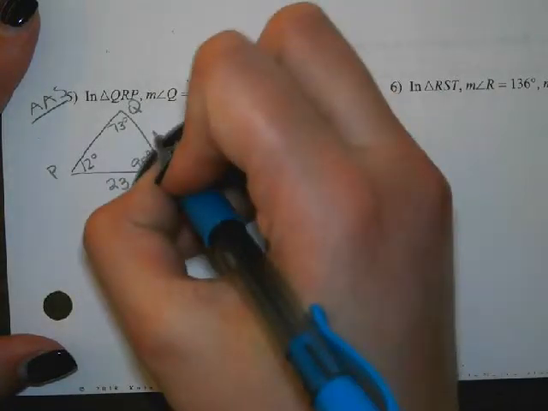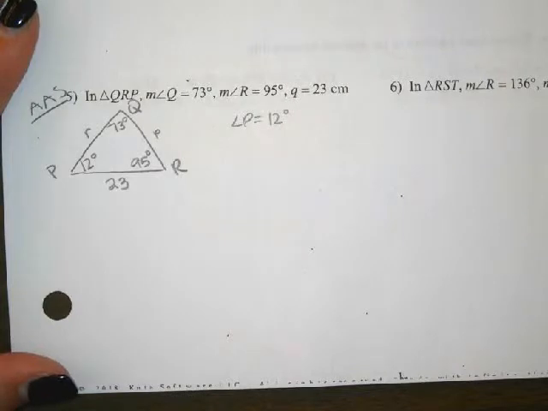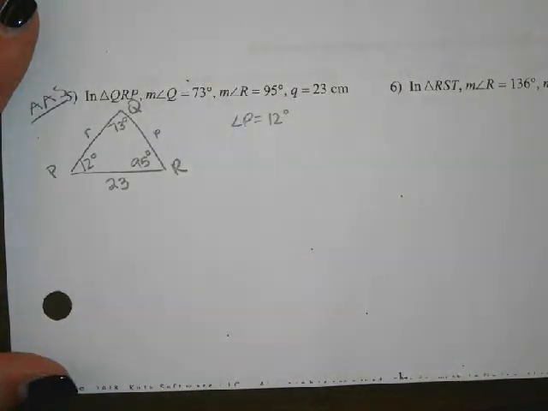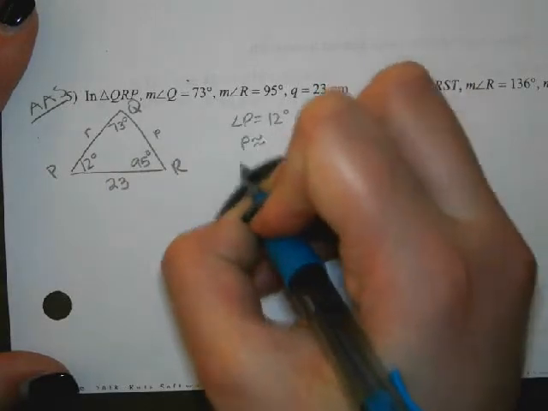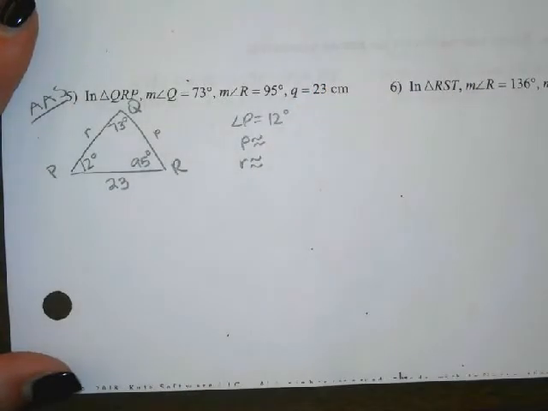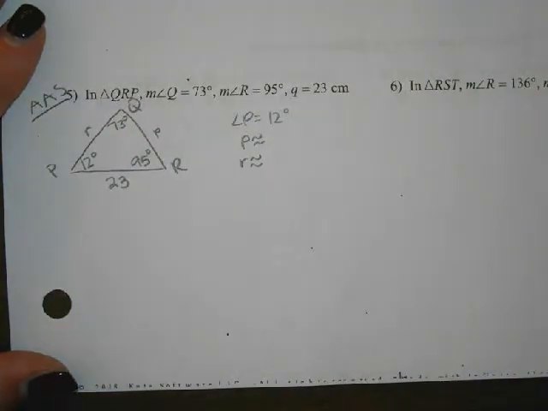I know that this is side P, this is side R. How do I start it?